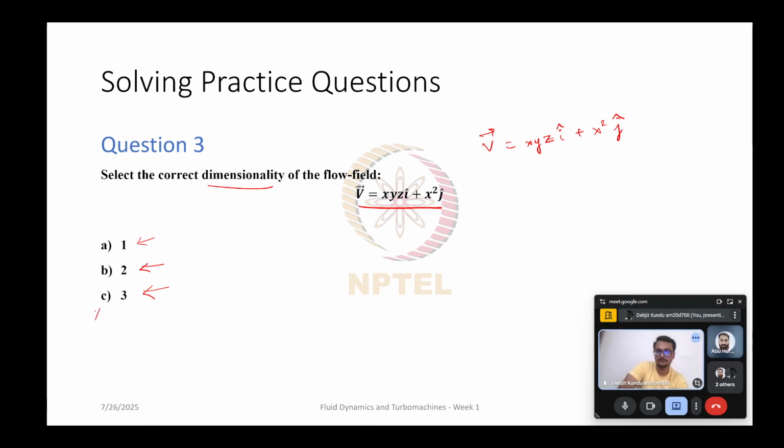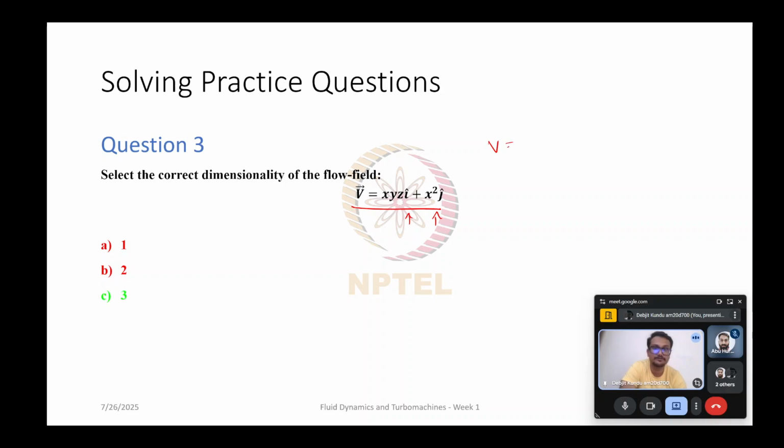3. Okay. So let's take a look at the solution. It is 3. Correct. So why is it 3? It's not i cap, j cap that matters.